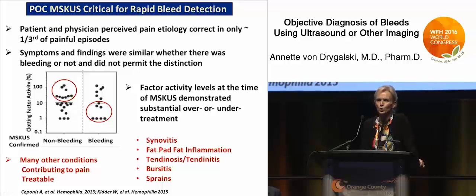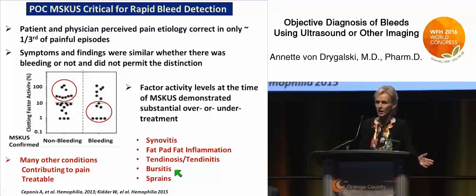That's somewhat concerning because we are missing out on a whole spectrum of many other conditions that were also shown on the ultrasound that probably contribute to pain and that are actually treatable, and in other musculoskeletal disciplines would be treated, such as synovitis, fat pad inflammation, tendinosis, tendinitis, and so on.